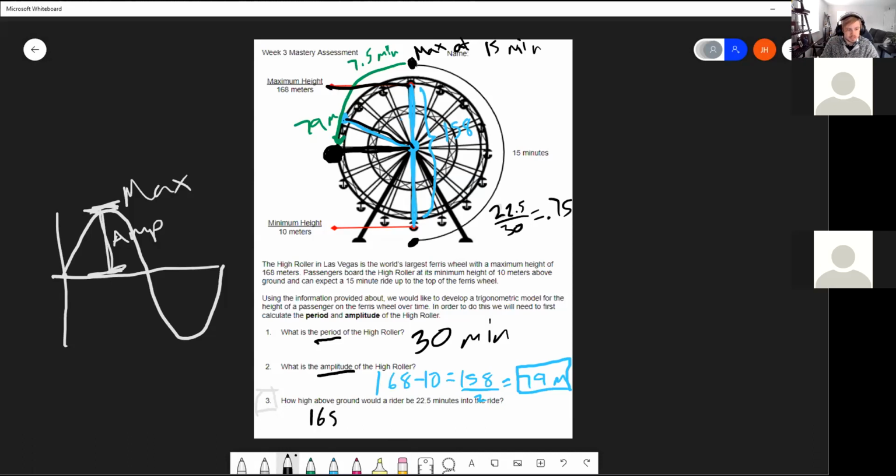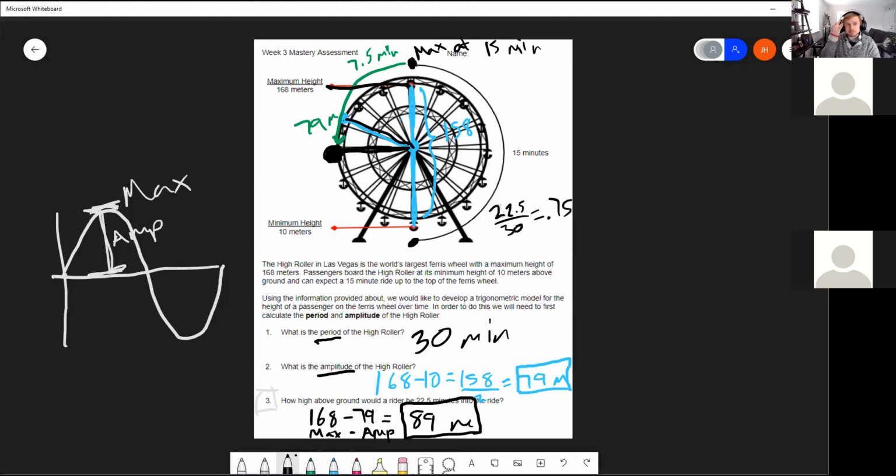So I could say 168, the maximum, minus the radius of 79, aka the amplitude. The maximum minus the amplitude would be equal to the midline, which was 89 meters. So this was max minus amp. You guys see that? That was one way people solved it.